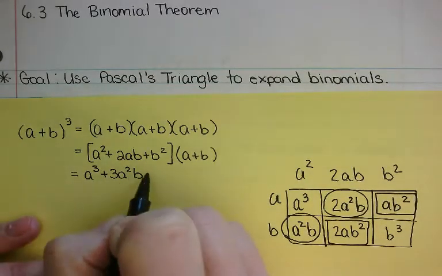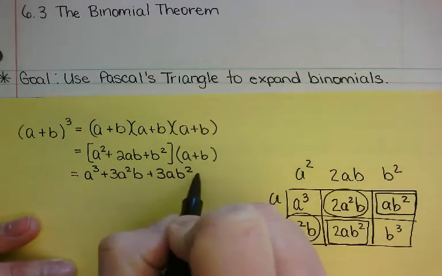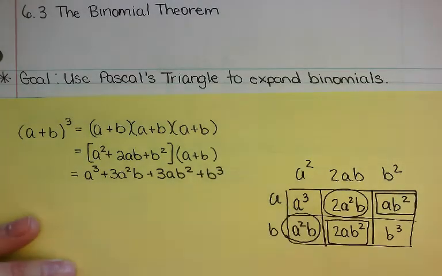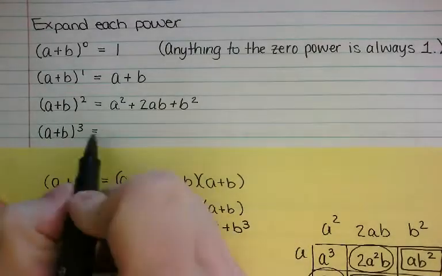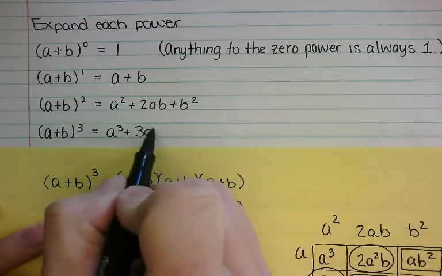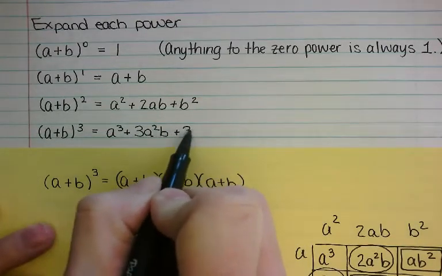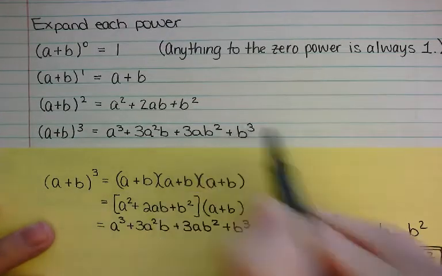So I have 3 of those. And then last I have the b cubed. Okay, so I'm going to write that down here. So I have a cubed plus 3a squared b plus 3ab squared plus b cubed.